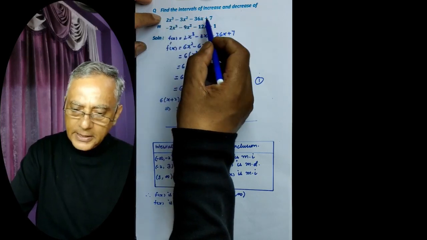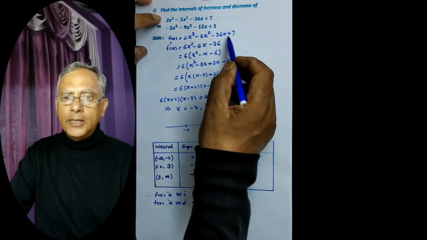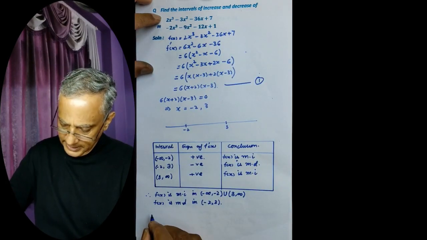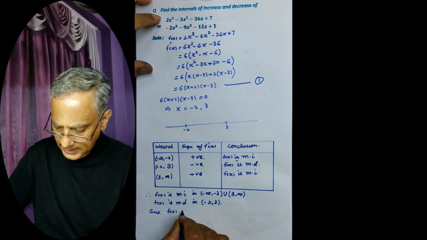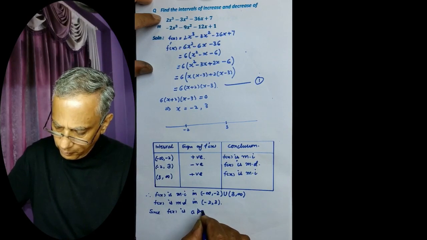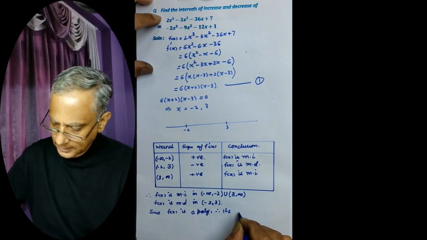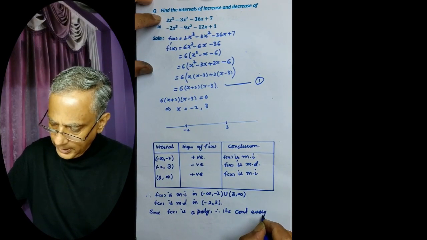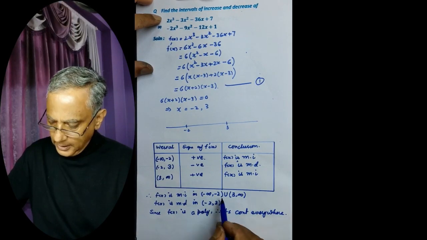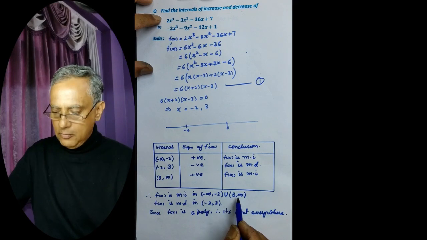Now f x is a polynomial, and a polynomial is continuous everywhere. Since f x is a polynomial, therefore it is continuous everywhere, and therefore we can include the endpoints in monotonicity.